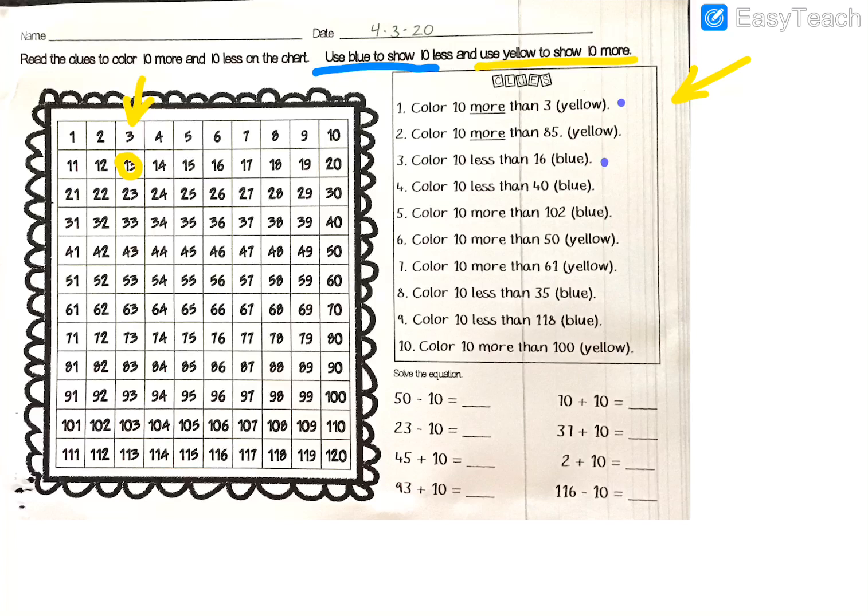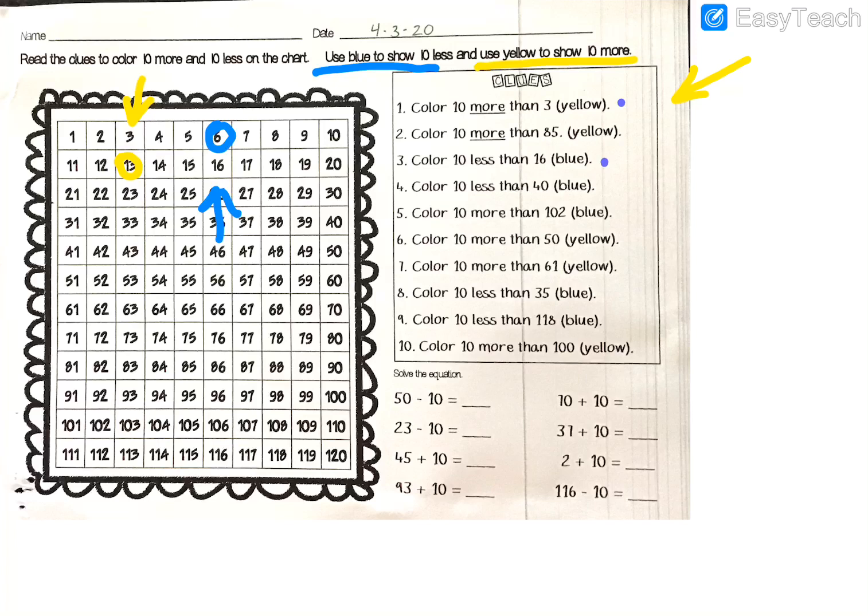Next, I'm going to skip over to number 3 so that we can color in a blue one together. But I want you to make sure you don't forget to do number 2 as well. Number 3 says color 10 less than 16. So I'm going to find 16, which is right here. I'm going to color 10 less. That means I'm moving up the column right here. This should be pretty easy for us.